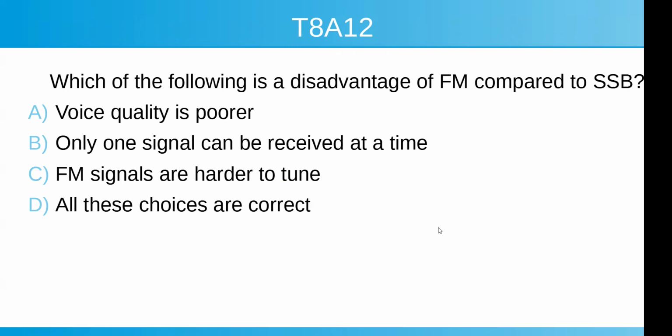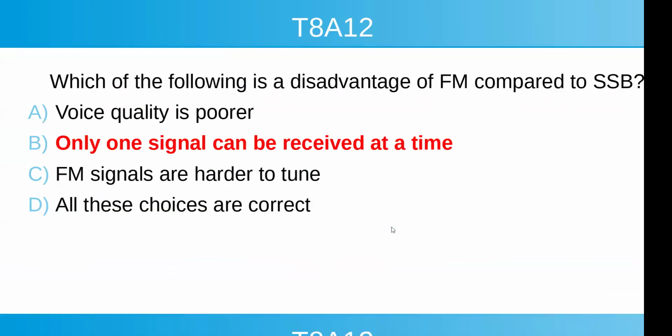FM signals are not harder to tune. They're much easier, so that one's out. And FM has much better voice quality, so that one's out. So obviously it's not all these choices, which only leaves Bravo. Bravo, right.